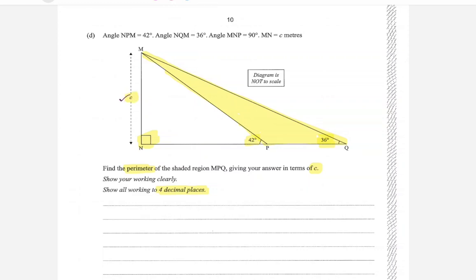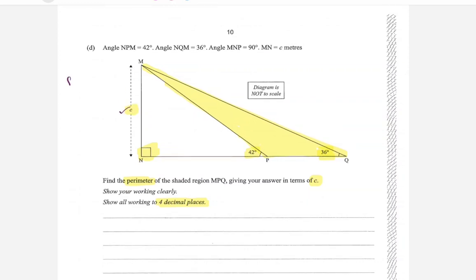We have this value C here, and with the help of SOHCAHTOA that we have done in the previous question, we can find the missing sides, right? Then using those sides, let's see if we can find the other missing sides as well. All right, let's go.